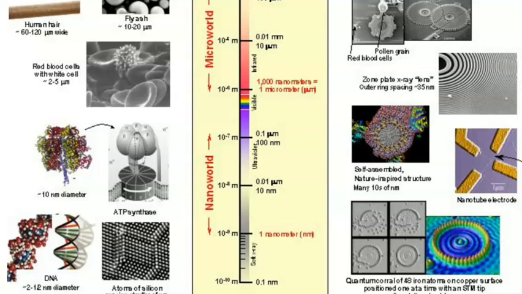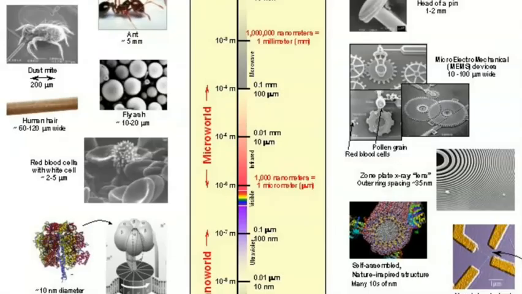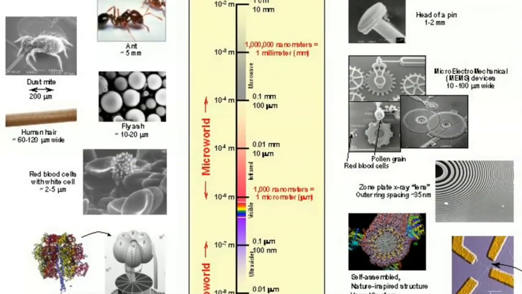So we call this the nano world, from 1 nanometer to 100 nanometer. And if you go above, from 1 micrometer to 100 micrometer, this is the micro world. The material which has dimensions in the micrometer is not different from the bigger things.